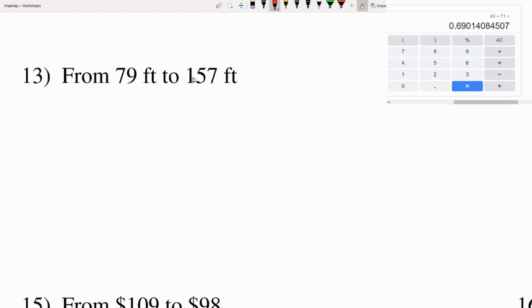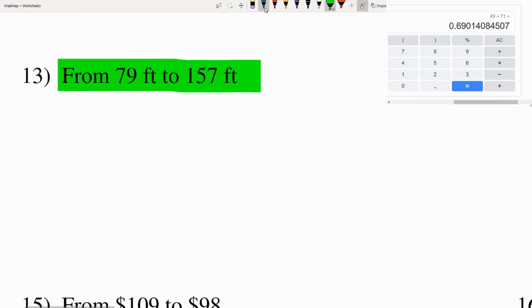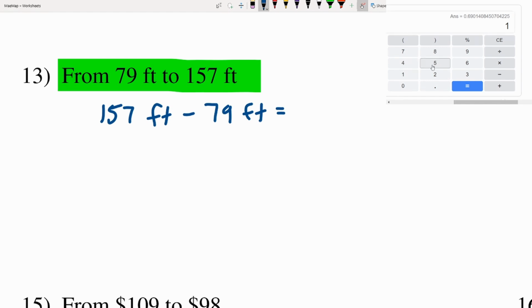Going from 79 to 157 is an increase. So I'm going to take that larger number and subtract the smaller number. So I'll have 157 feet and I'll subtract 79 feet. So the change is going to be some number of feet. 157 minus 79 is going to give us 78 feet.